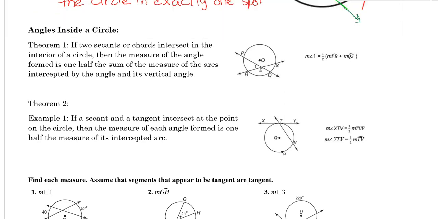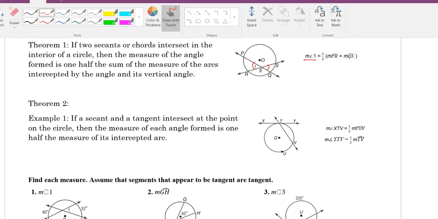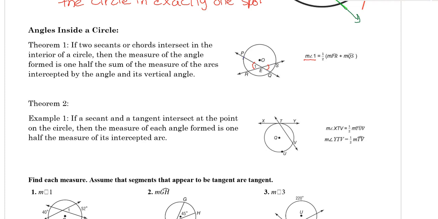So, if I'm finding the measure of angle 1 here, well, this side's a vertical angle, so they're the same. Then, all you're doing is adding this arc and this arc. These arcs are not the same as those angles because they're not central angles, right? But I'm adding this arc and this arc and taking the average of them, or multiplying by 1/2. So averaging those 2 arcs together.